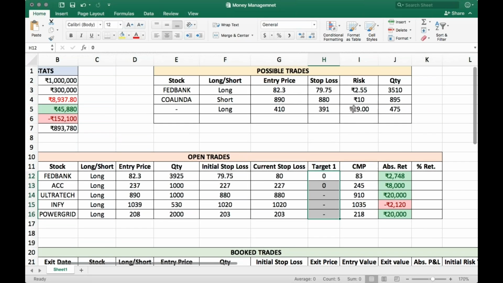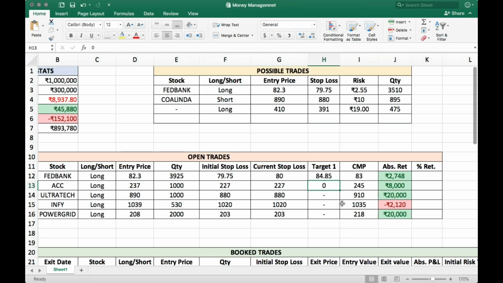In this Fed Bank, what is the slab? 2.55. So your first level of watch out should be my entry price plus 2.55. 84.85 should be your first alert. When it comes to 84.85, I will take an action.